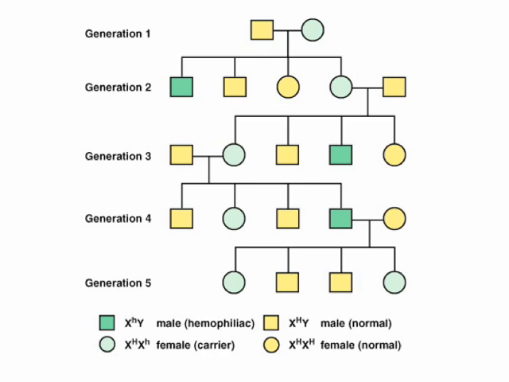Taking a look here, you can just see how this is passed along through this pedigree chart. In generation 1, we have a male who's normal and a female who's a carrier. So in the event that they have children, there will be one female who is a carrier in that group. There will be one male who ends up being a hemophiliac.